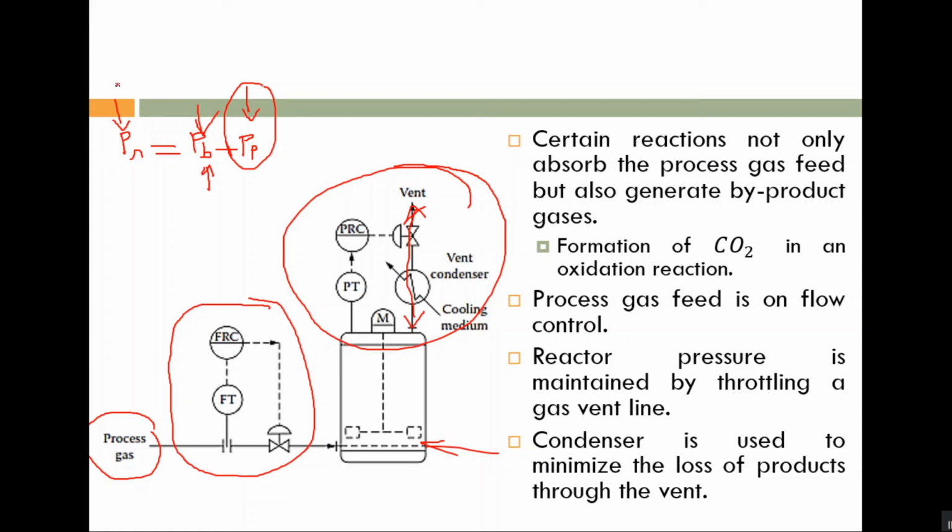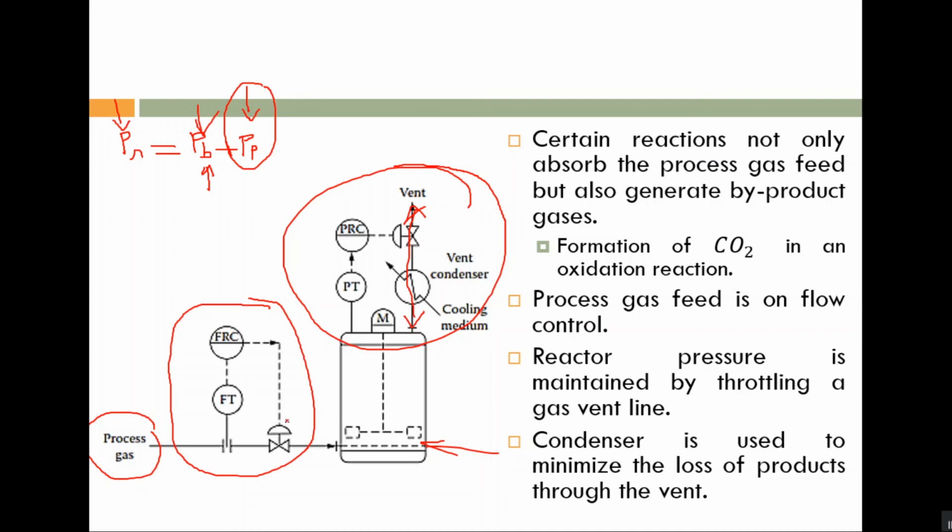So what is the assumption? We are assuming that the pressure of product is constant and the reactor pressure is changing only with respect to the byproduct gas. So we have to make sure of that, which means we have to maintain this one constant. For that purpose, the process gas flow rate is maintained constant by measuring its flow rate, and manipulating the same thing.